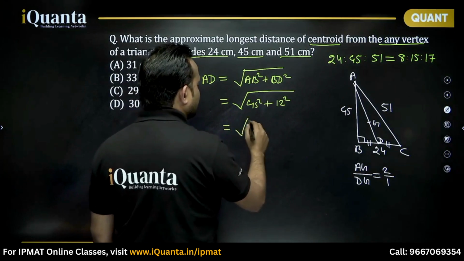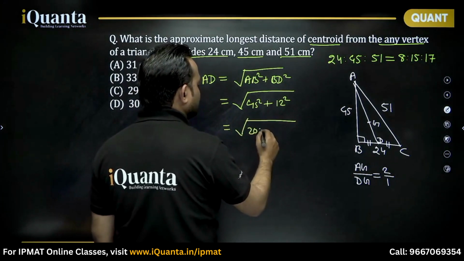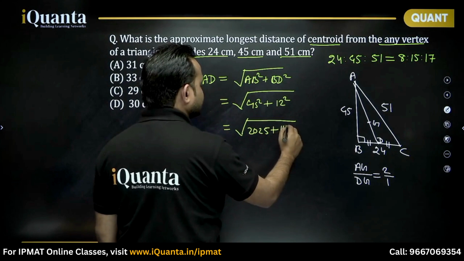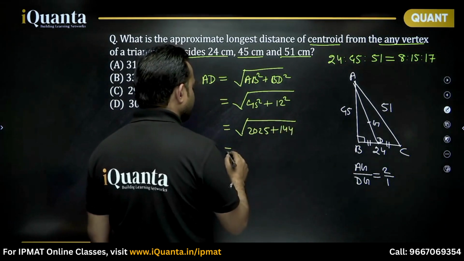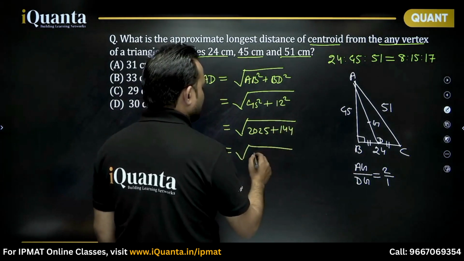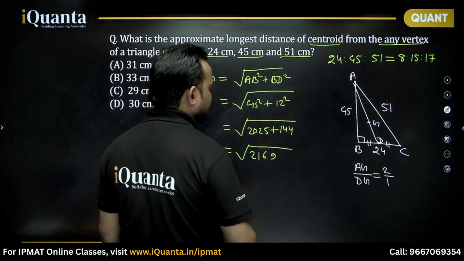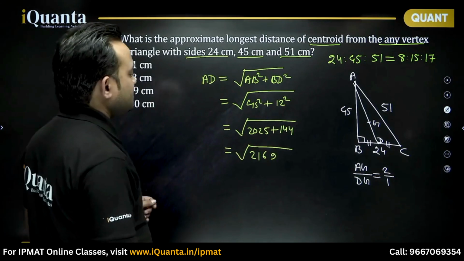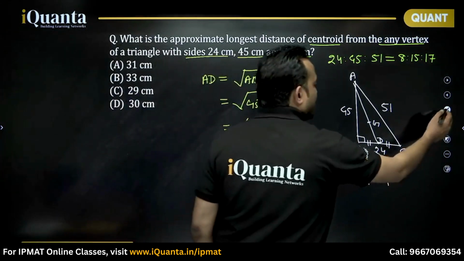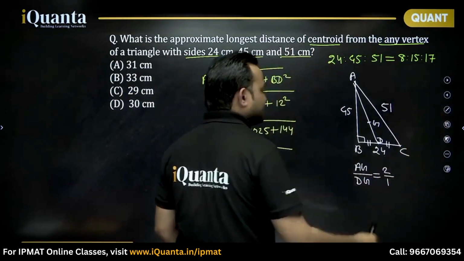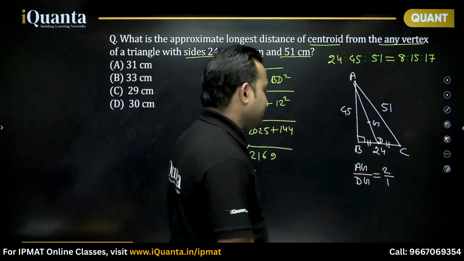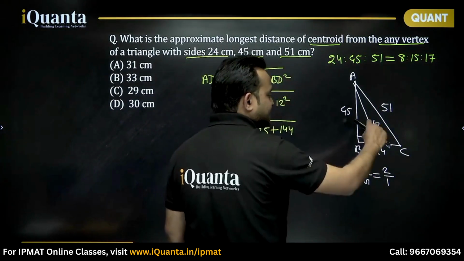So this is equal to the square root of 2025 plus 144. This gives us 2169. Now we need to find 2/3 of this. Why? Because we need to find the length of AG. Can we say AG is to DG is 2:1?